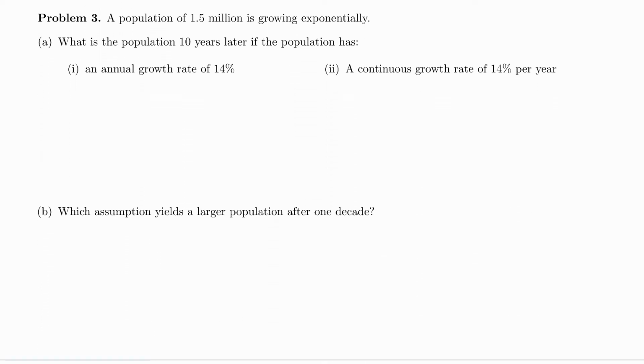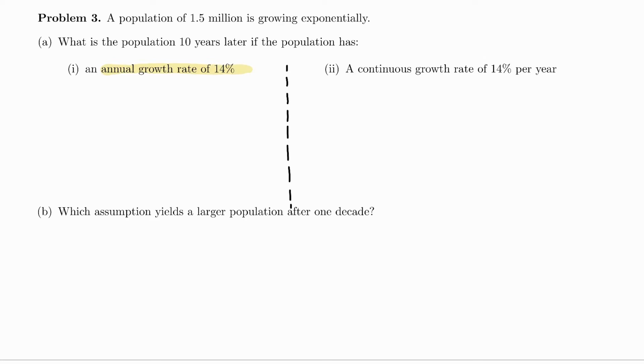So problem 3 says, a population of 1.5 million is growing exponentially. What is the population 10 years later if the population has an annual growth rate of 14% versus a continuous growth rate of 14% per year? So annual growth rate, what does that mean?